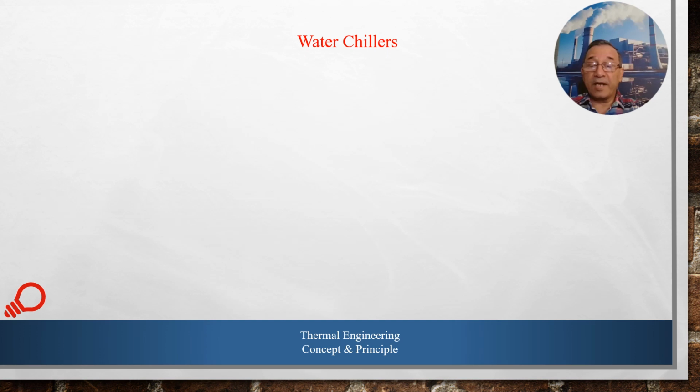The other application is water chillers, and this equipment is called water chillers because in effect, we are cooling water to low temperatures. And when we call water chilled water, then we are referring to a temperature as low as 4 to 5 degrees centigrade.